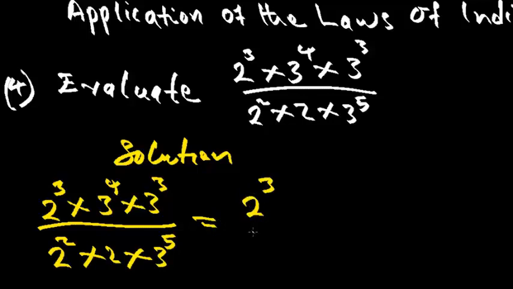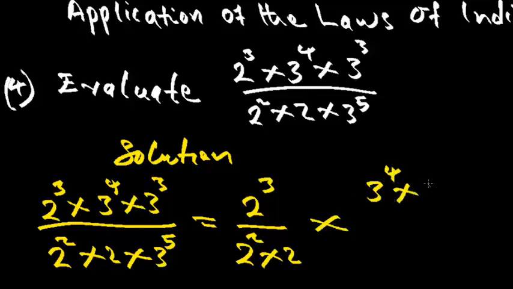So I have 2 exponent 3 over 2 exponent 2, then times 2, then times, I'll bring the 3's as well, 3 exponent 4 times 3 exponent 3 all over 3 exponent 5.